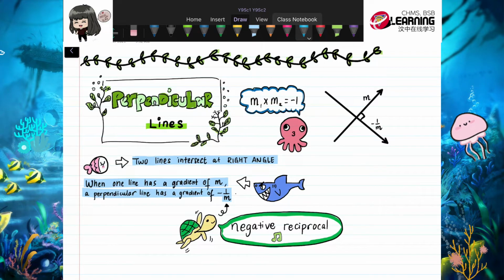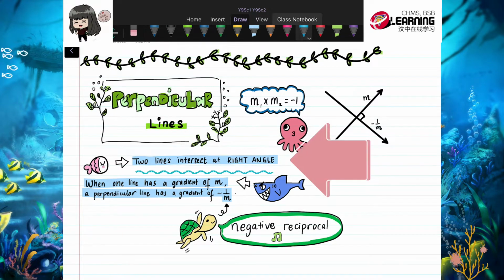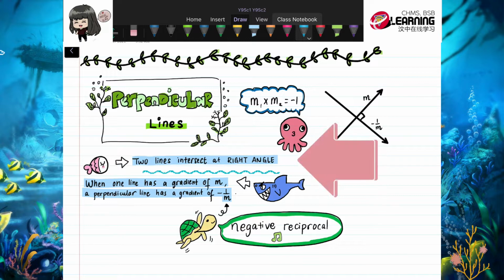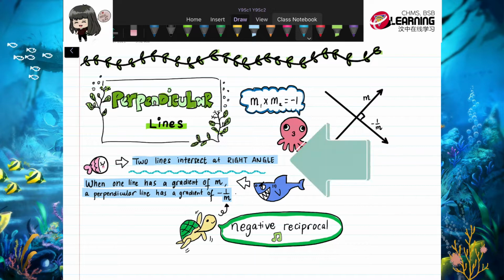In the previous lesson we learned about parallel lines and equations of parallel lines. This week we're going to learn perpendicular lines first, before we learn equations of perpendicular lines. If we have two lines that intersect each other at a right angle, then we can say these two lines are perpendicular to each other.